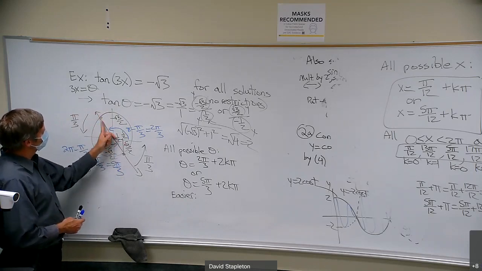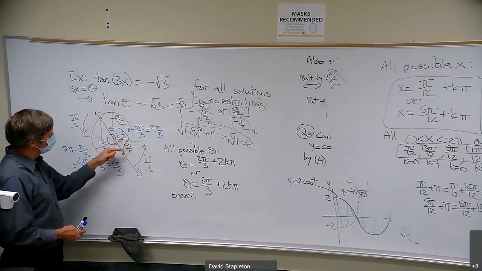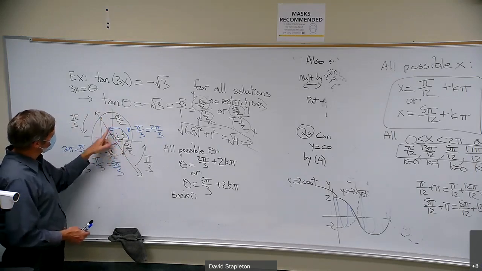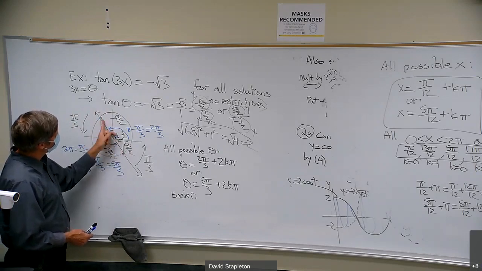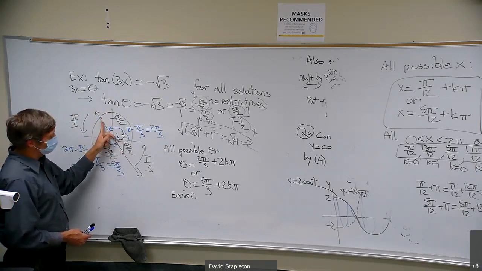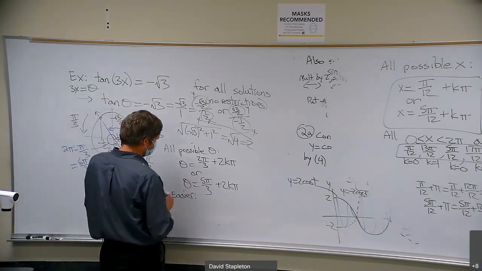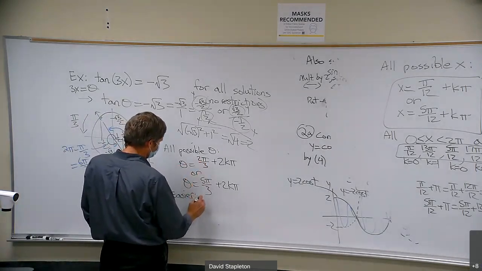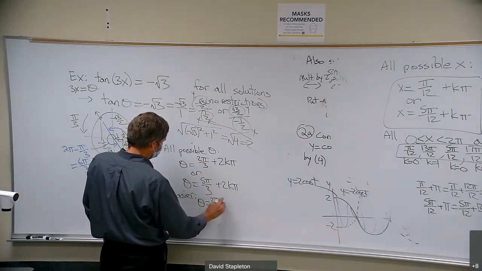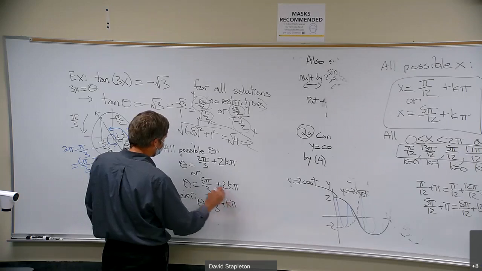Instead of writing this one plus 2 pi plus 2 pi plus 2 pi, this one plus 2 pi plus 2 pi, I could say this one plus pi plus pi plus pi plus pi and get all angles also. So easier is just take either one of these two angles, whichever is your favorite. Let's choose the small one. Theta could be 2 pi over 3 plus k pi, which encompasses both these sets of angles.